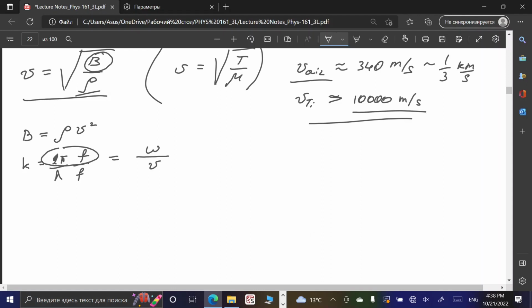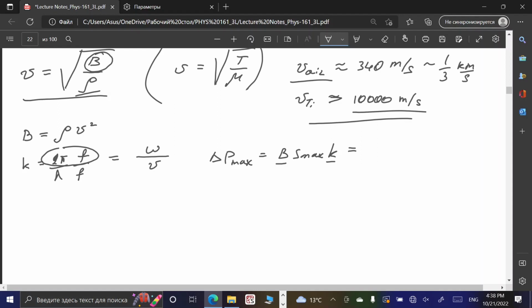Now we recall this previously derived relationship between change of pressure and displacement, that was B times S maximum times K. And now we substitute, instead of B and K, our expressions.